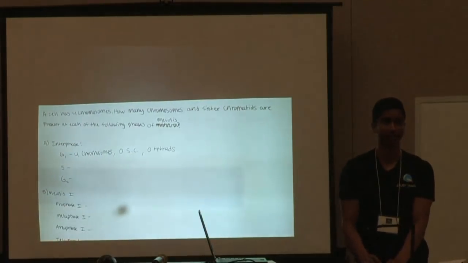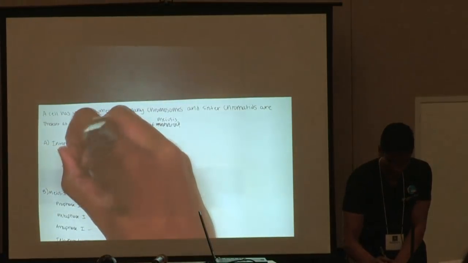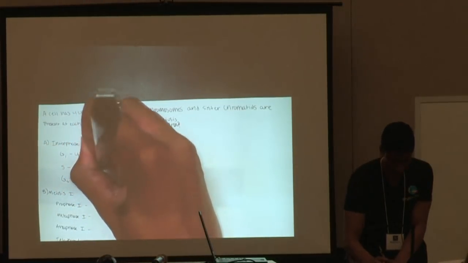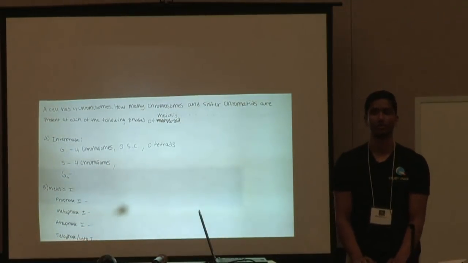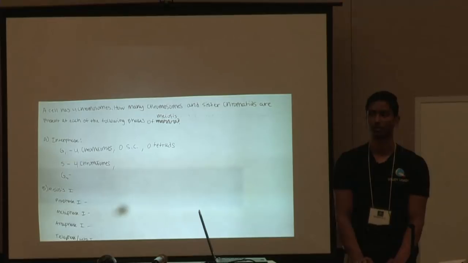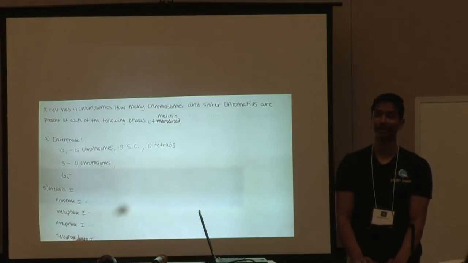S phase. Are they replicated now? Right? They have. So we have 4 chromosomes. How many sister chromatids? 8, right? We have 8.